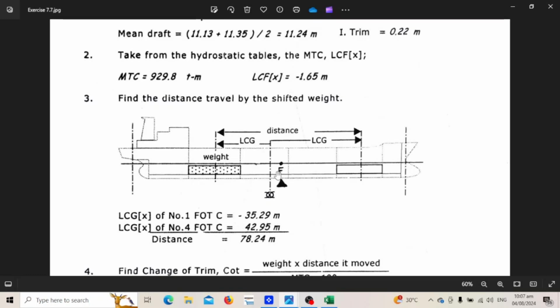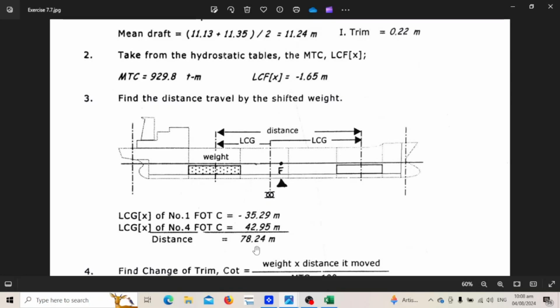The distance from the center of flotation to number 1 is 37.29. We put here negative because it is in the forward part of the center of flotation. When you are forward of the center of flotation, that's negative. When you're in the aft part of the center of flotation, that will be positive. So from this distance, you add it to the distance from number 4.